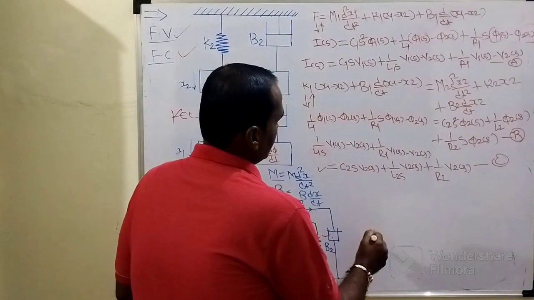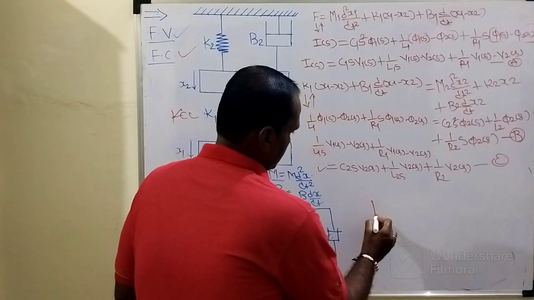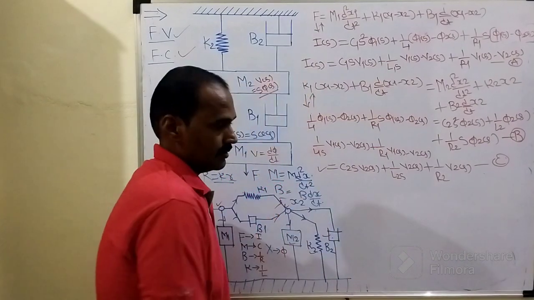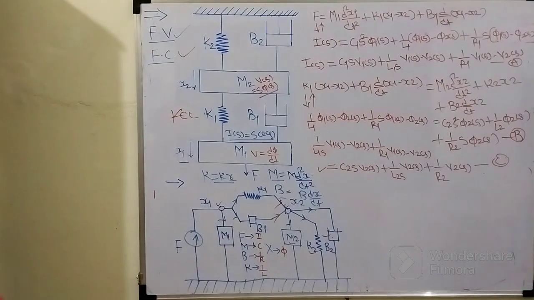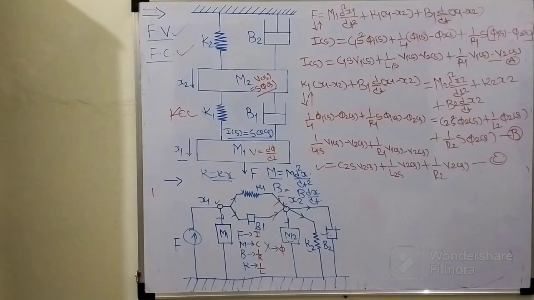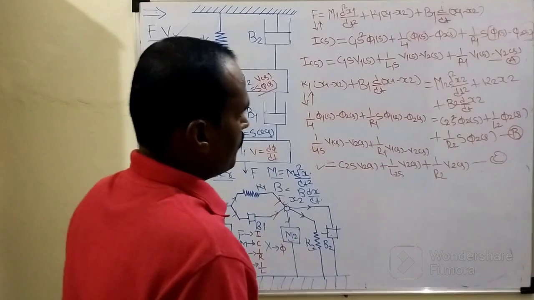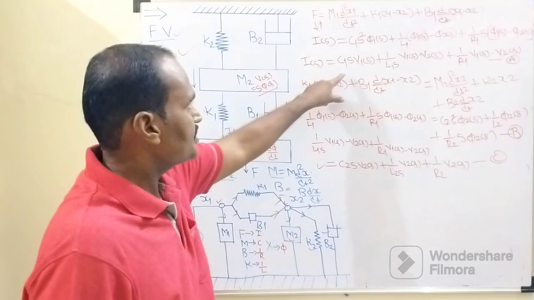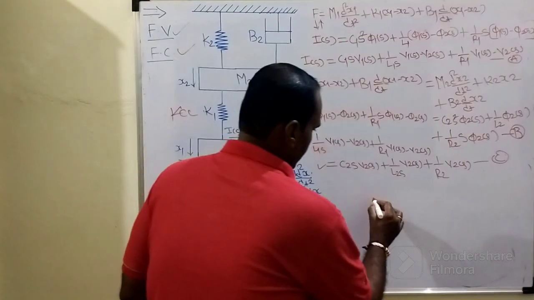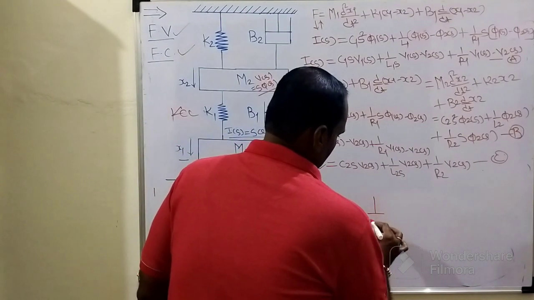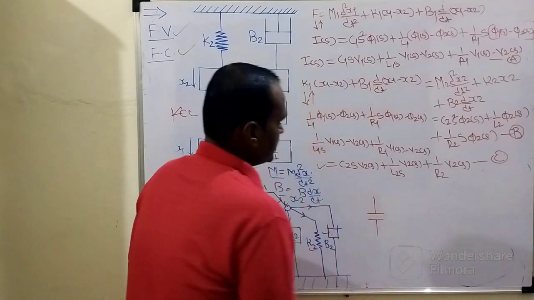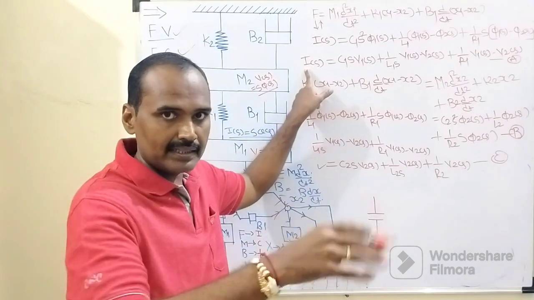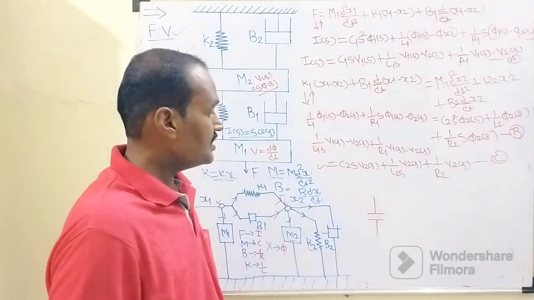So how are these elements connected? Okay friends, from this system equation, the force analogous circuit will be as follows. As the coefficient of C1 is V1, it is connected in the vertical arm, because equation capital A is written for this current I. The tendency of that current is to get divided in different branches, so those are connected in shunt form.